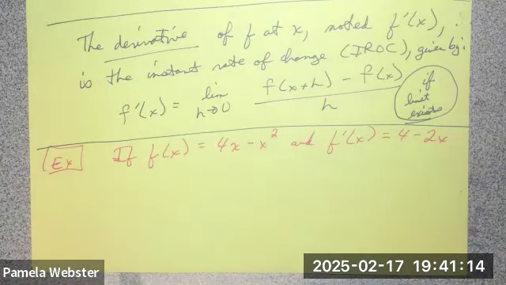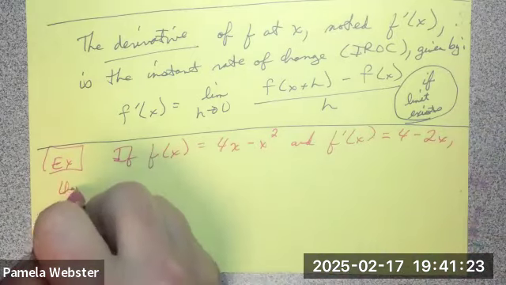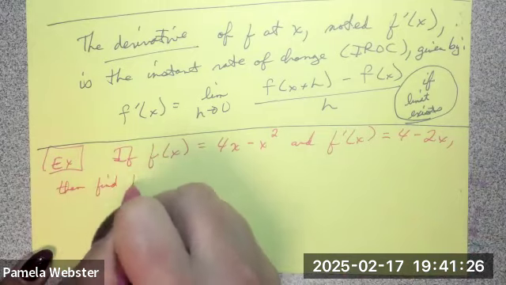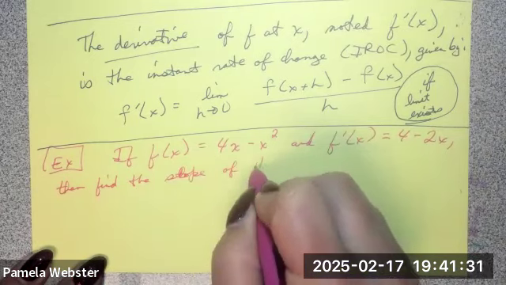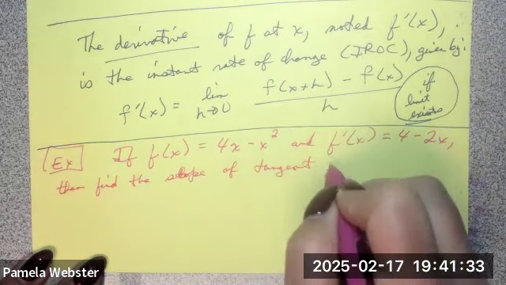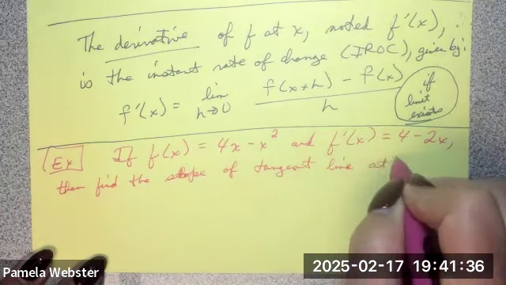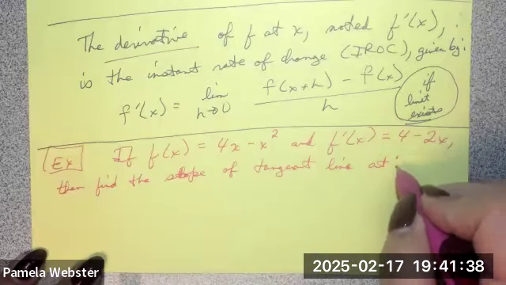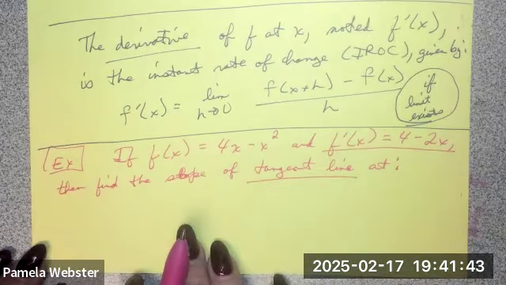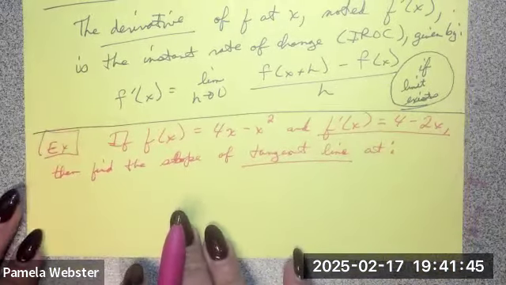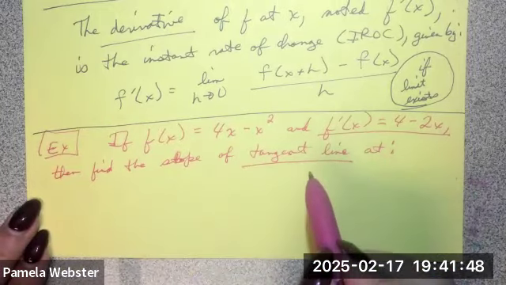We actually did this problem in the last video. So if you know that, then find the slope of the tangent line at the following points. In other words, we need this derivative because it's a tangent line, right? It's the instant rate of change whenever I'm dealing with tangent, because that's one point, okay?